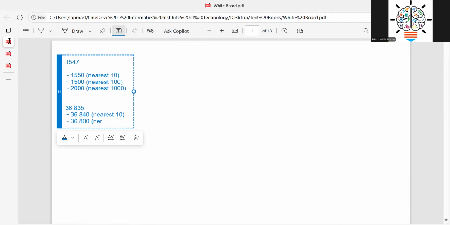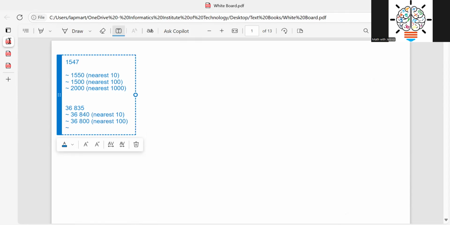Okay. So then we'll move to the next one. Then we want to go to the 1000 place. What is the 1000 place? It is 6, right? So then you look at the next number. When you look at the next number, it is 8. That means you want to add 1. How are we going to add 1? So then that becomes 37, right?